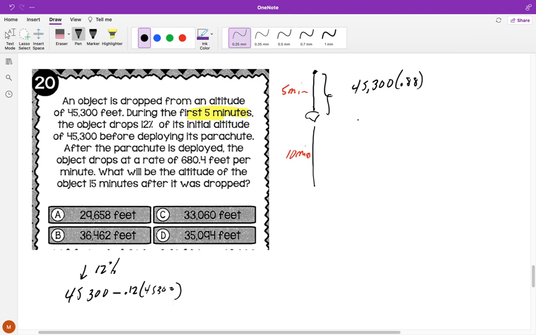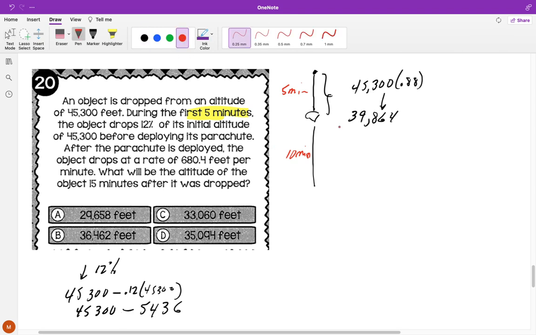So after this initial drop where there's no parachute, we are now at 39,864 feet, because that is 88% of that 45,300. Or 0.12 times 45,300 is 5,436, and if we did 45,300 minus that, we get the exact same answer, 39,864.